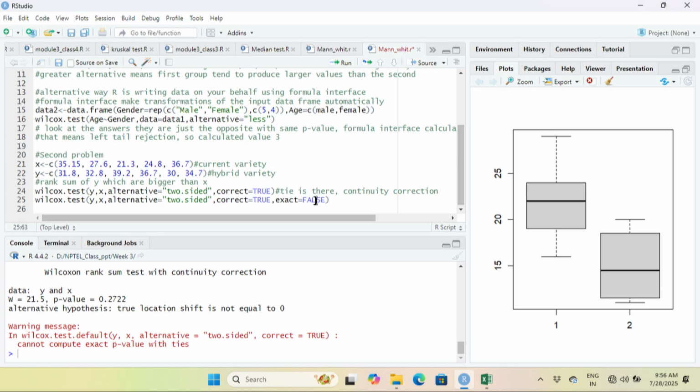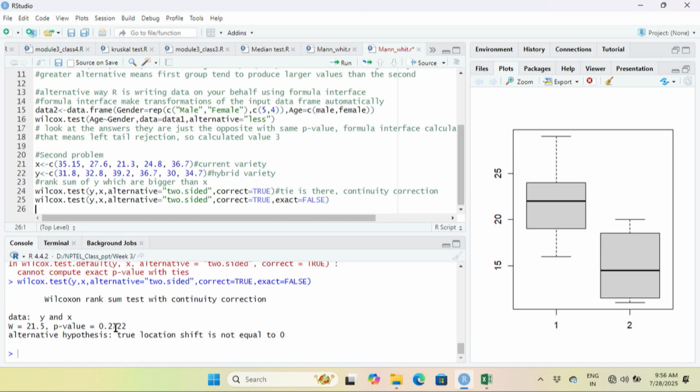So there will be some modification. Let me incorporate exact is equal to FALSE and run this. See, that warning message is not here. And look at W. W is 21.5. The 0.5 comes because of that tie breaking, because of that 0.5 assignment of score. Remember, we did it manually also. And look at the p-value. The p-value is 0.2722, which is way bigger as compared with alpha.